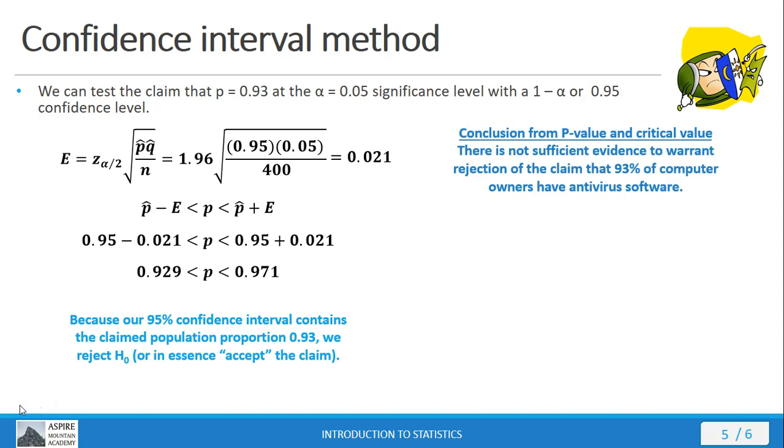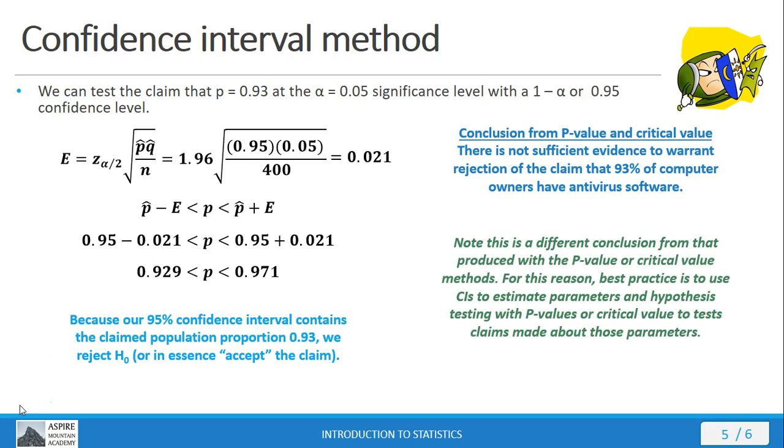Well, the conclusion from the p-value and the critical value that we saw earlier was just the opposite. We failed to reject the null hypothesis, and so there's not sufficient evidence to warrant rejection of the claim.